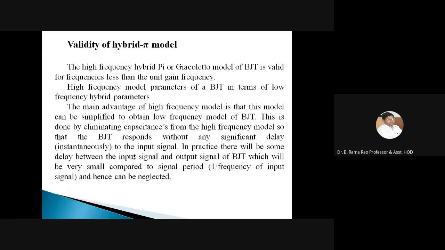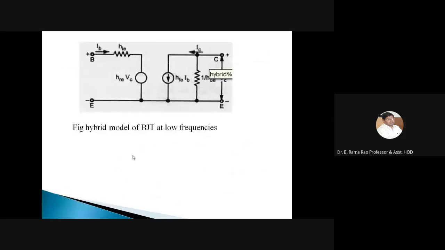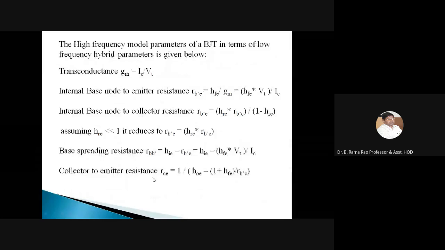The validity can be checked by drawing the equivalent circuit, where the hybrid pi parameters gm, rb'e, rbb' and rce can be expressed in terms of h parameters: hfe, hre, hoe and hie.